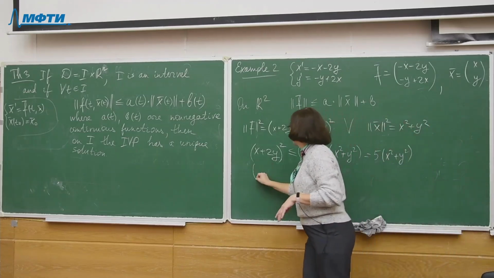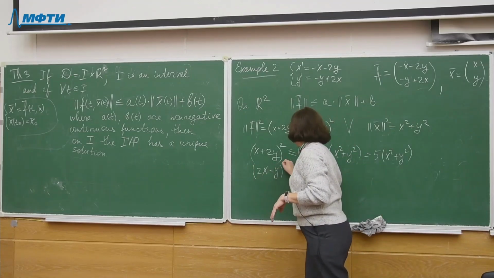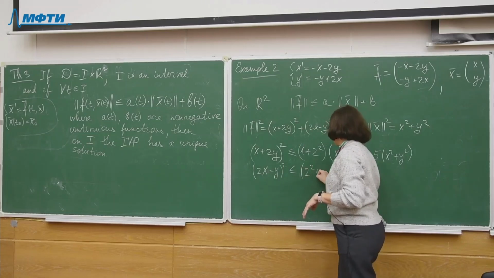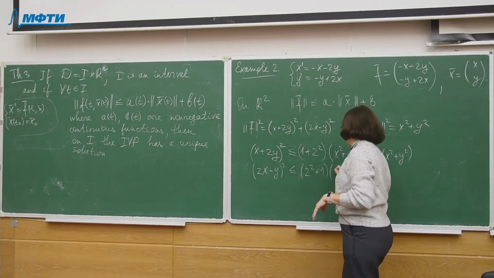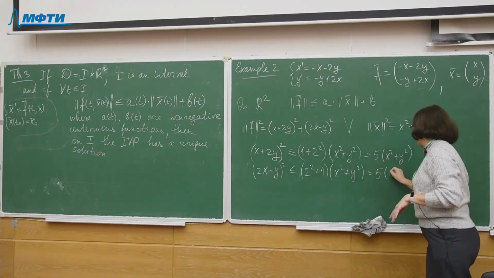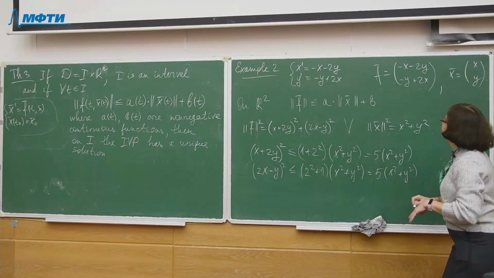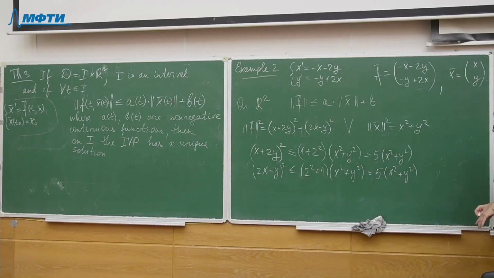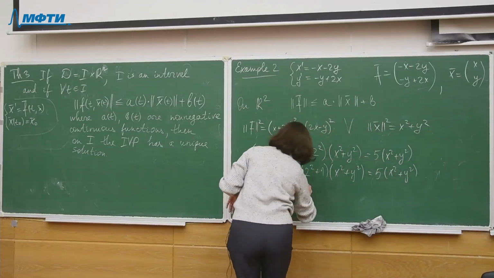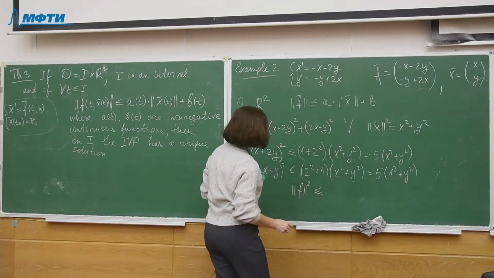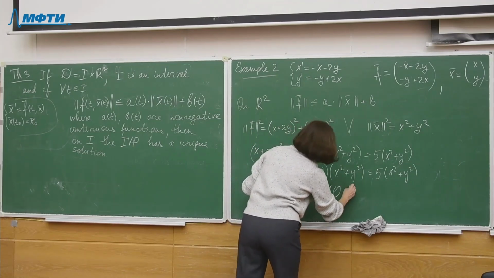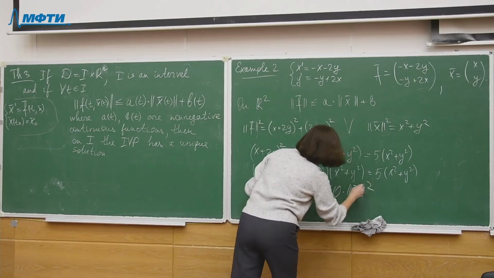Next, (2x minus y) squared is also less than or equal to 2 squared plus 1 squared times x squared plus y squared, which is 5 times x squared plus y squared. And so it follows from this that the norm of f squared is less than or equal to 10 times the norm of x squared.